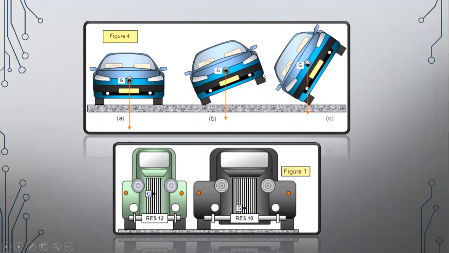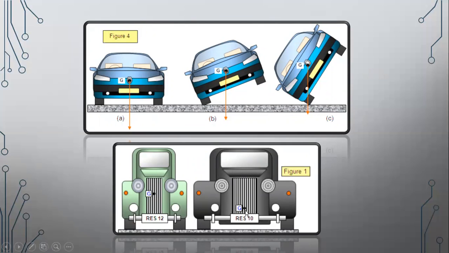It is still passing through the base area, and this will help to improve the stability of the car, because the line of action of weight is passing through the base area. इस सेकंड में जो है आप नोट कर सकते हैं कि there are 2 different cars and they have different base area. इनकी डिफरेंट बेस एरिया की सूरत में आप बता सकते हैं कि दिस वन इज मोर स्टेबल.